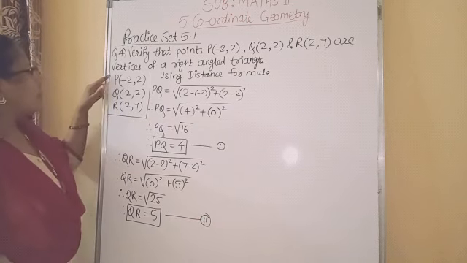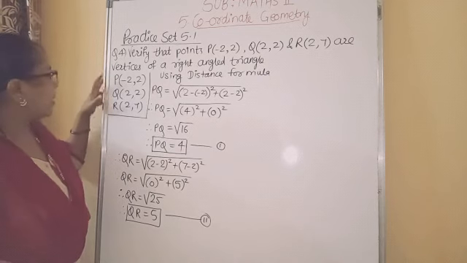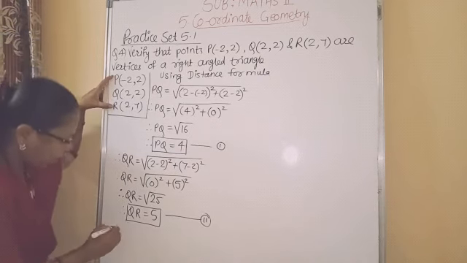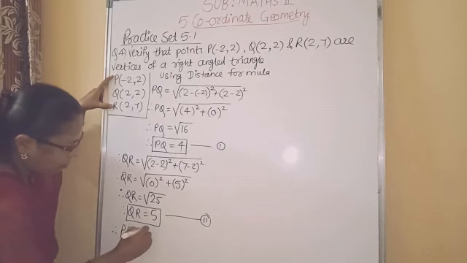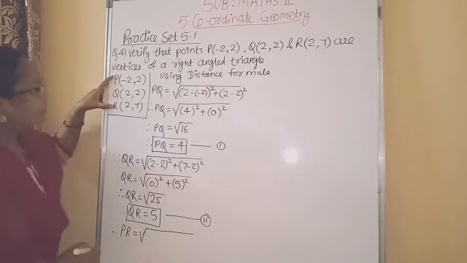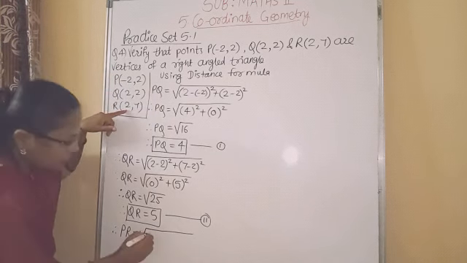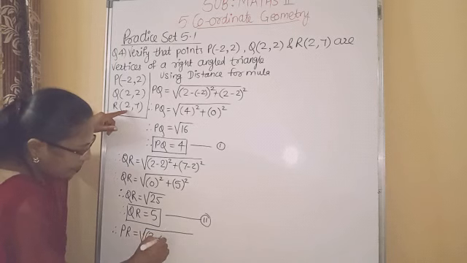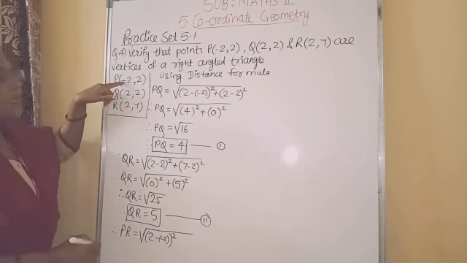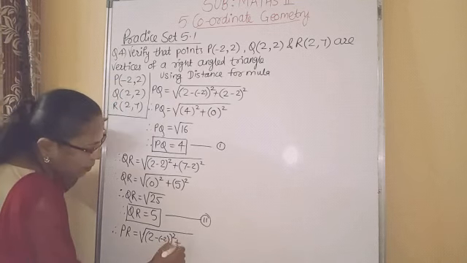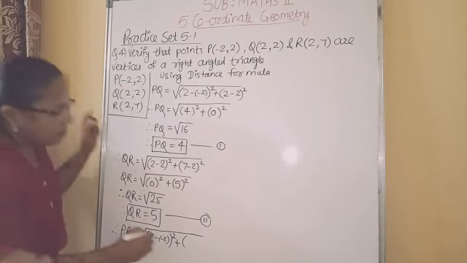Okay. So we got the length of PQ and the length of QR. Now which side remains? PR. Therefore PR is equal to square root of (x2 minus x1) square, means (2 minus 2) square, plus (7 minus 2) square.